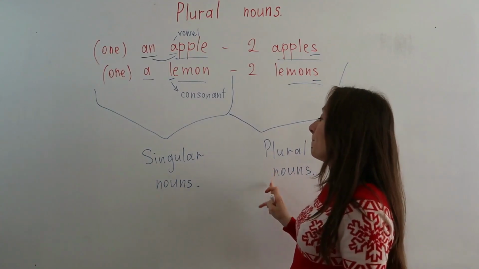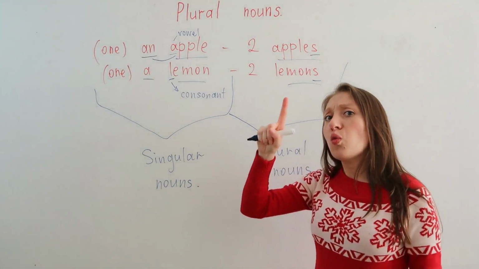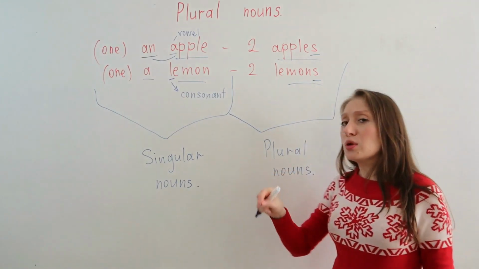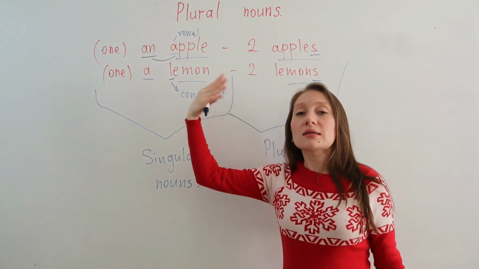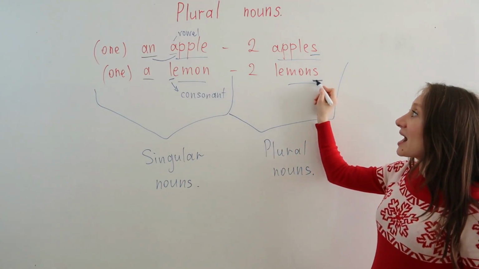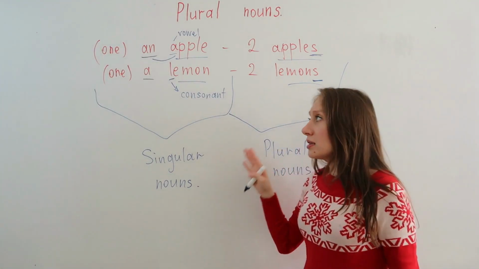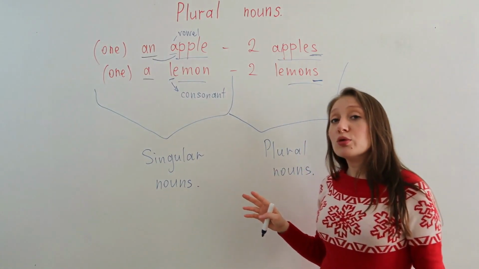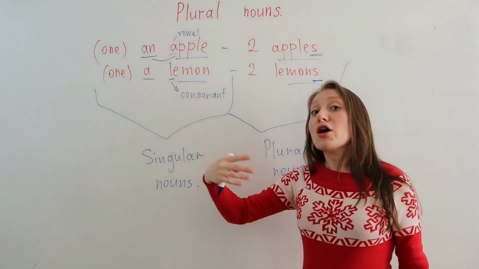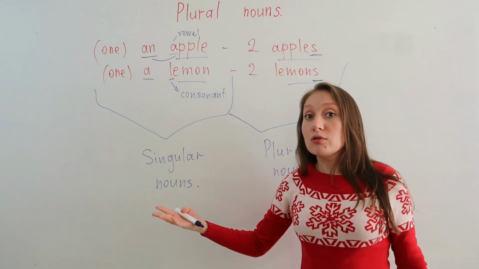So plural means more than one. Singular, one. Plural, two, three, four, and more, right? This is the basic rule. We add s at the end of a noun, right? This is very easy.